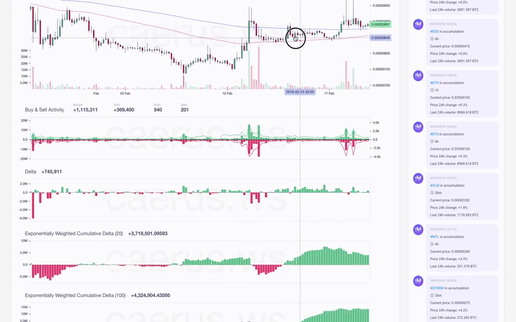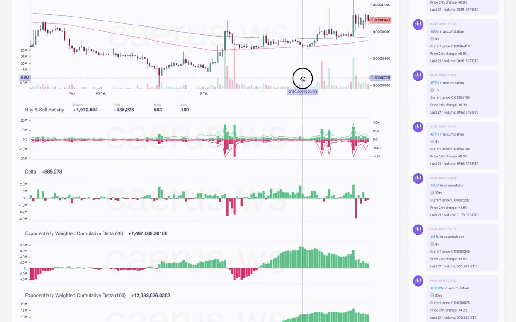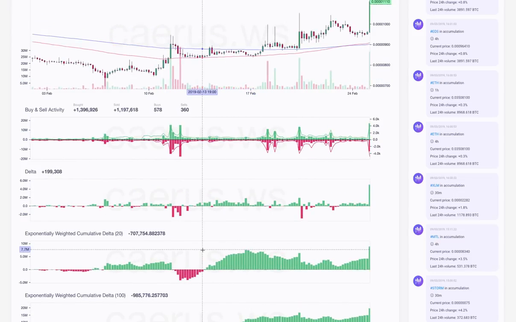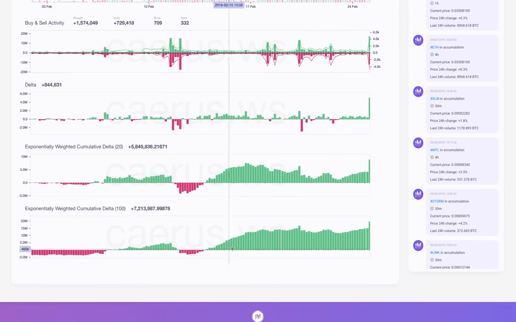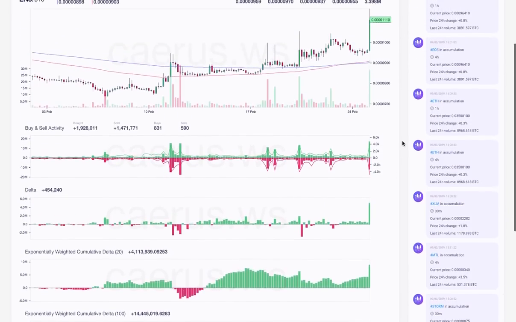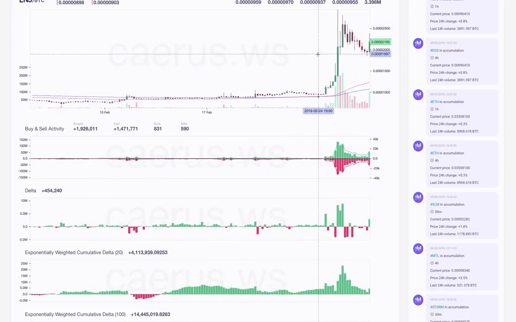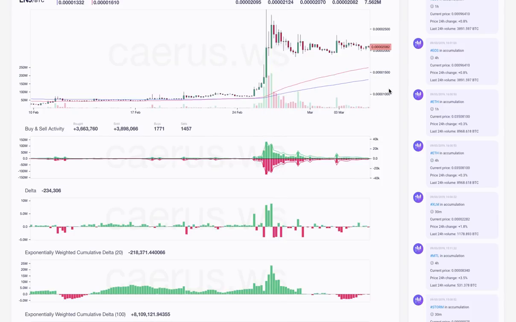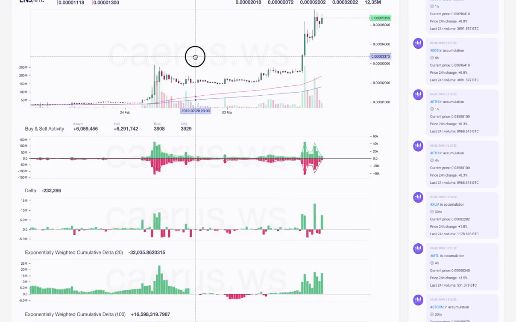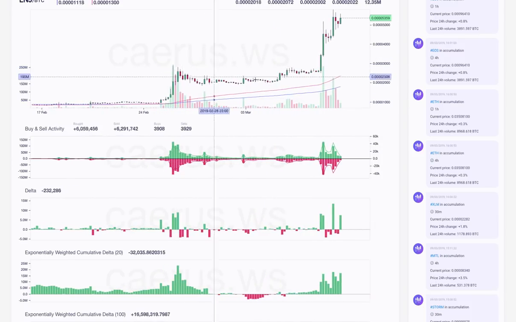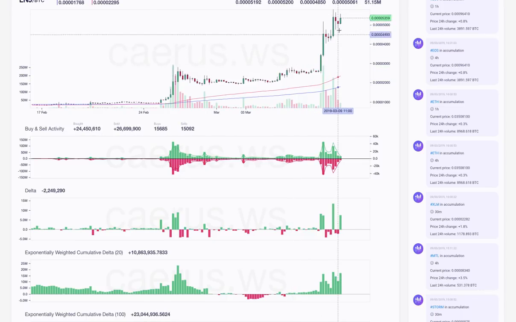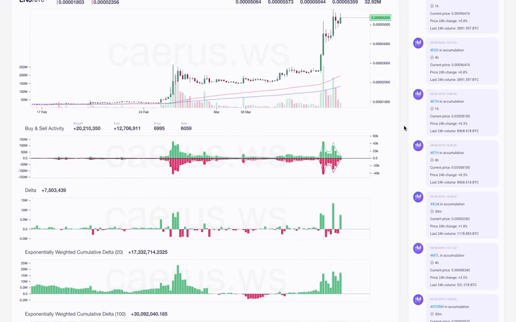But moving forward, we can see that the big market players started buying back very quickly. And they have been accumulating the asset for a long while, and they have accumulated a lot. See the delta, it's all green. And then at some point, the price has started growing like crazy. So there were two really large waves, and right now it's around here.